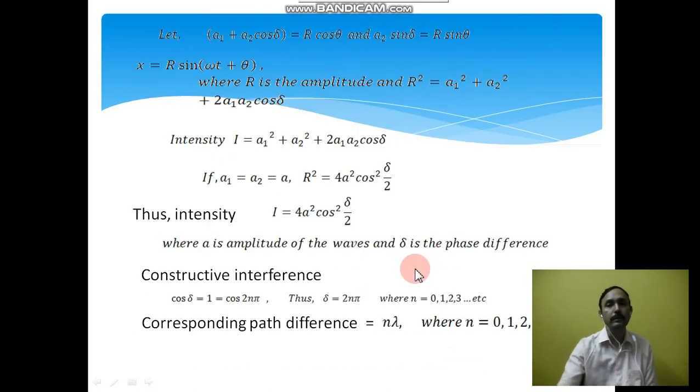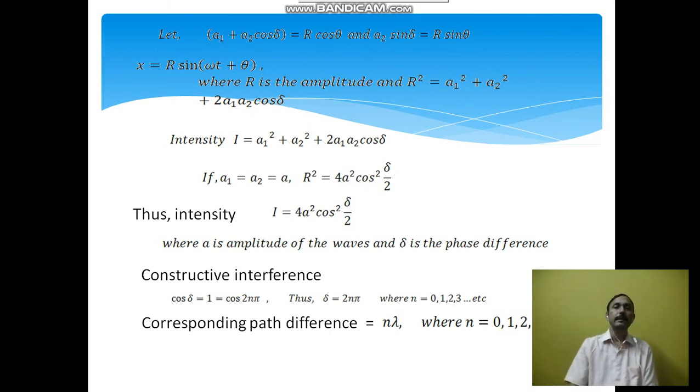So putting this, we will get x is equal to R sine of omega t plus theta, where R is the amplitude, and R can be calculated as R square is equal to A1 square plus A2 square plus 2 A1 A2 cos delta.